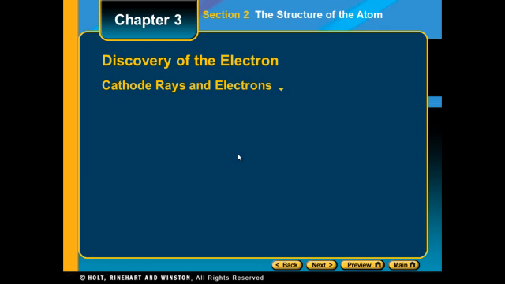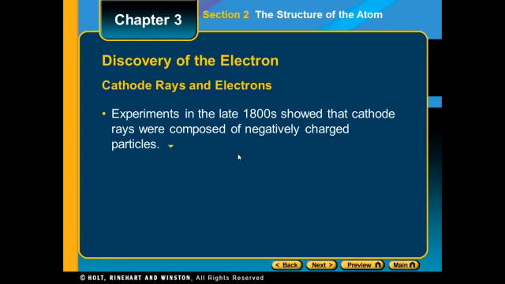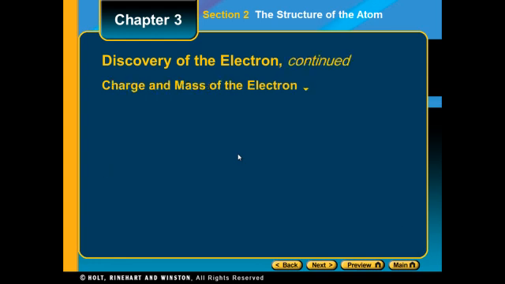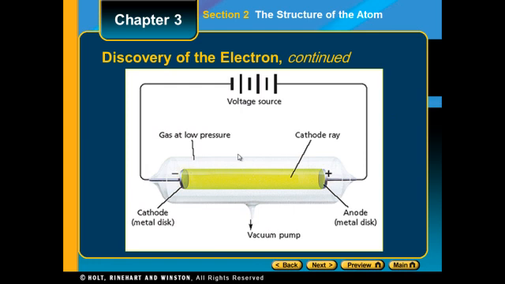Let's think together how they discovered the electrons. A scientist called Thomson, let's look here, got a cathode ray tube. The cathode rays were passed inside the cathode ray tube, as you see, and the cathode rays were deflected away from the negatively charged object.